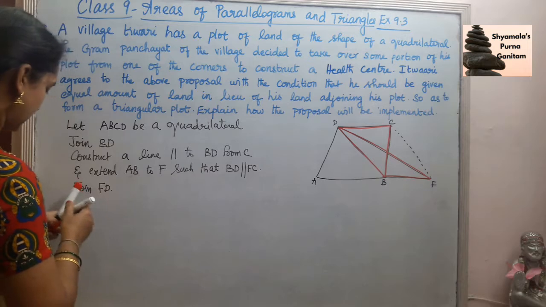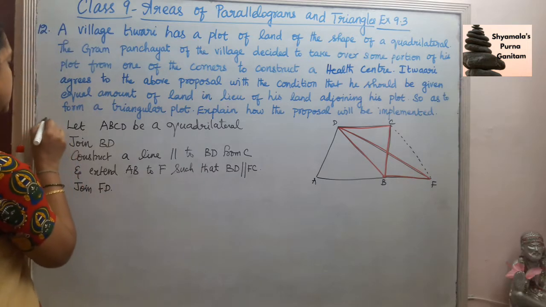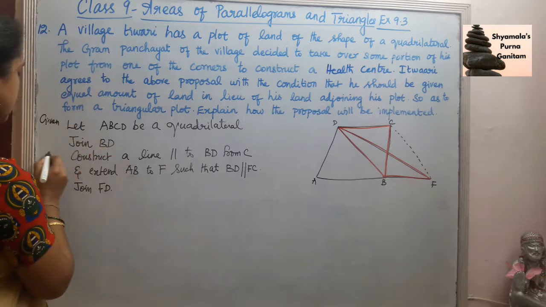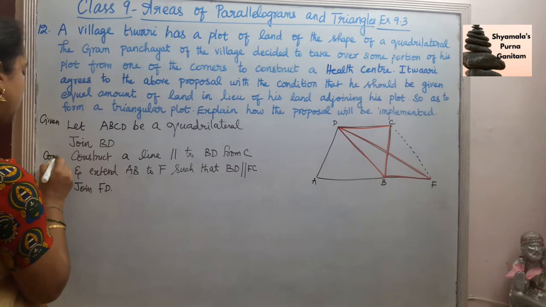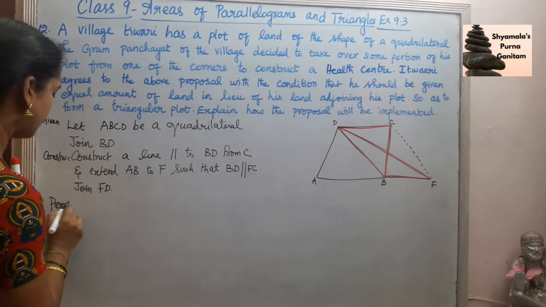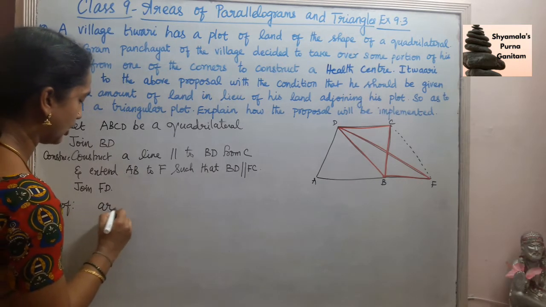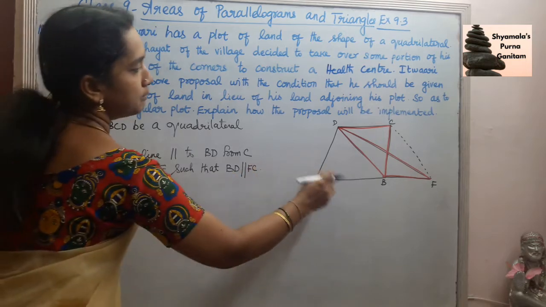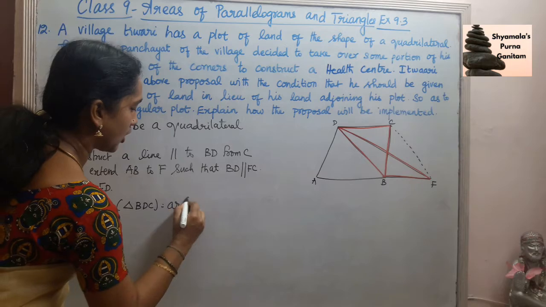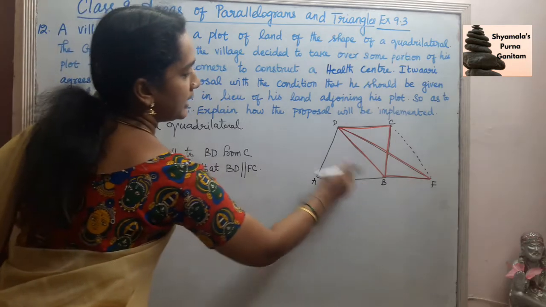So this is the given, join BD is the construction. Then the proof: area of triangle BDC is equal to area of triangle BDF.